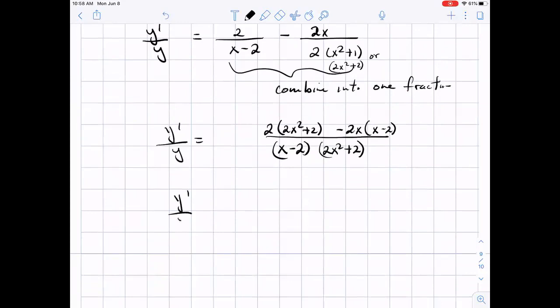Y prime over y is equal to 4x squared plus 4 minus 2x squared minus 4x. And we don't multiply out the bottom. If you want to multiply it out, you could. I will leave it the way it is.